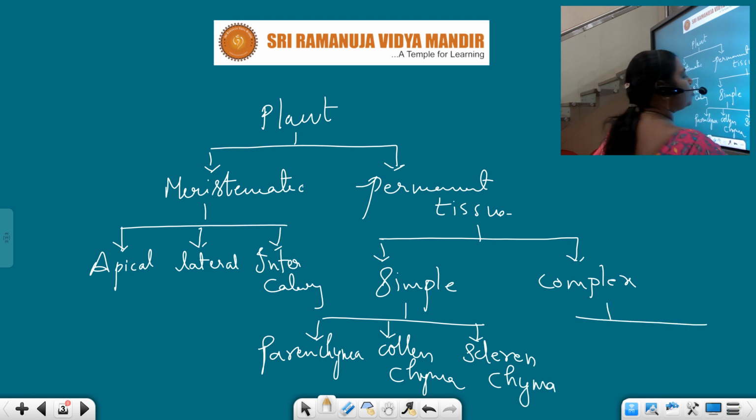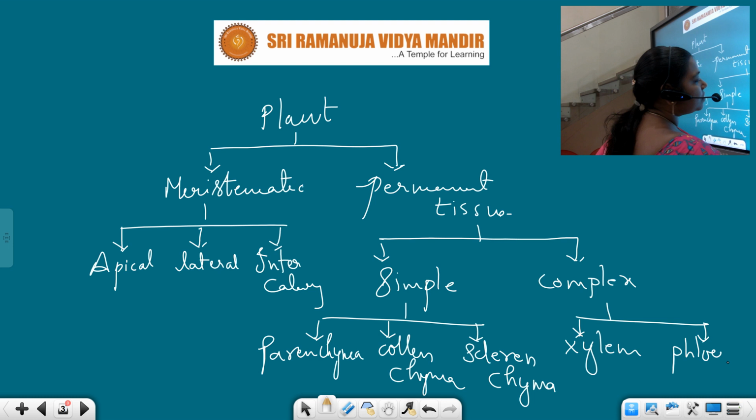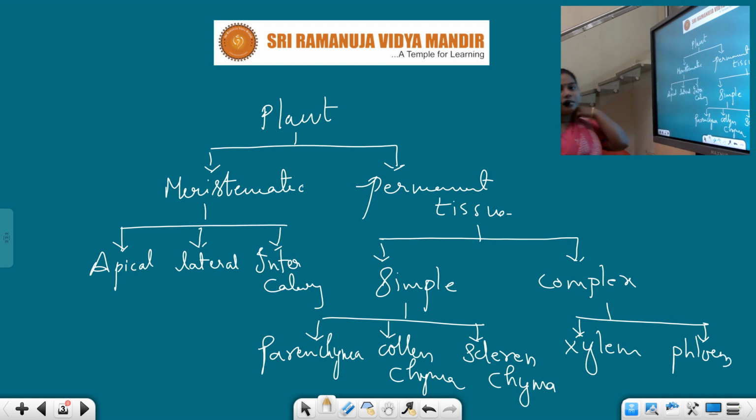Under complex, two more are there: xylem and phloem. These are the modes of organization of tissues in the plant.